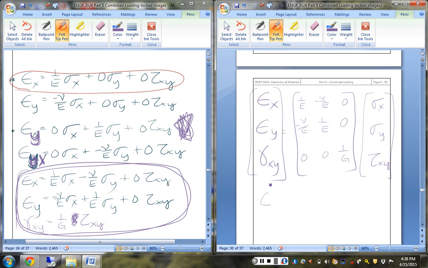All right, by memory. We end up with 1 minus nu squared as the coefficient, and then we have a strain. The x one is x plus nu y. I don't know. I don't believe I trust my memory.